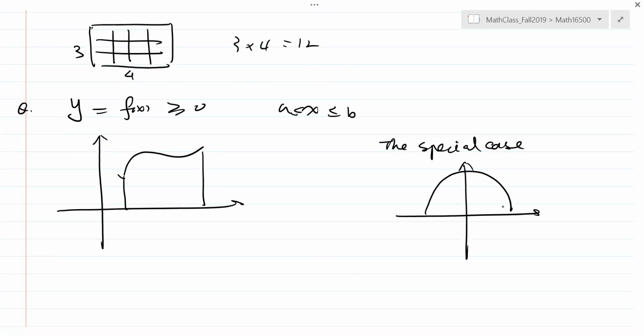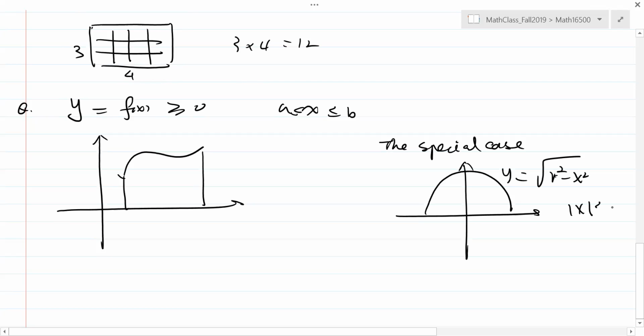So this is y equals the square root of r squared minus x squared, with x between negative r and r. That's a special case and a motivation. More generally, we want to find the area of the region under this graph, and if the graph is given by the square root of r squared minus x squared, that region is a semicircle.